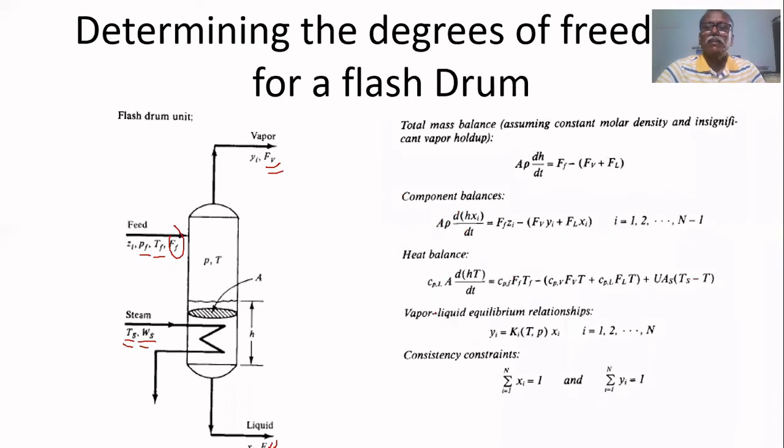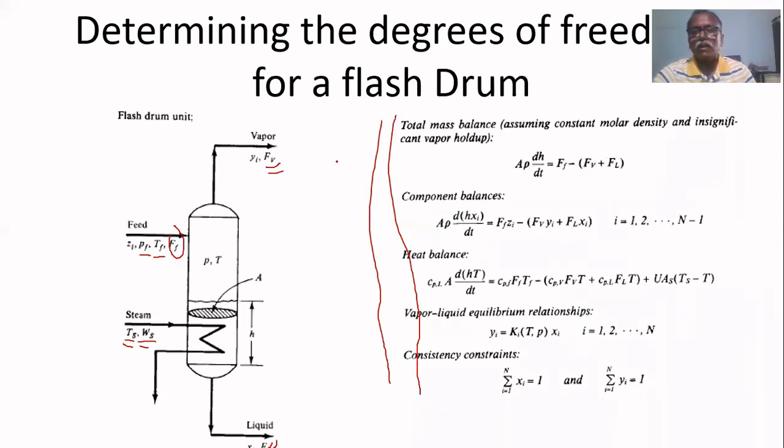Now let us determine the degrees of freedom for a flash drum. Here our aim is not to obtain the mathematical model of this flash drum. The equations we will take for granted, and you will find the degrees of freedom.